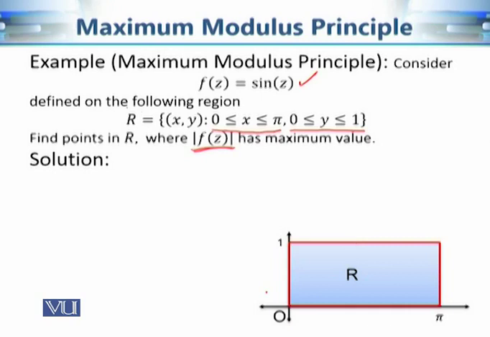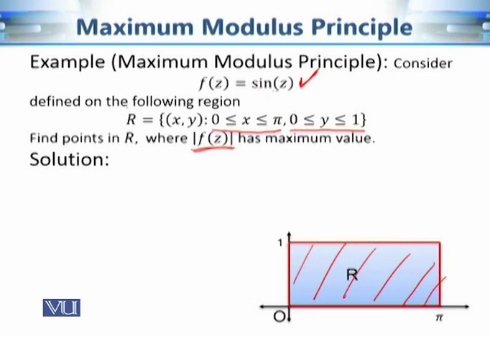First of all, we can only say that the maximum value exists at the boundary if this function satisfies the conditions of the maximum modulus principle. So, yes, it is analytic on this blue region R, which is basically a domain. It is open and it does not include the boundary, which is the red line.